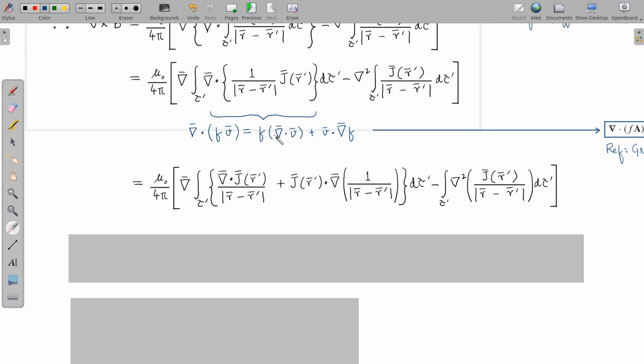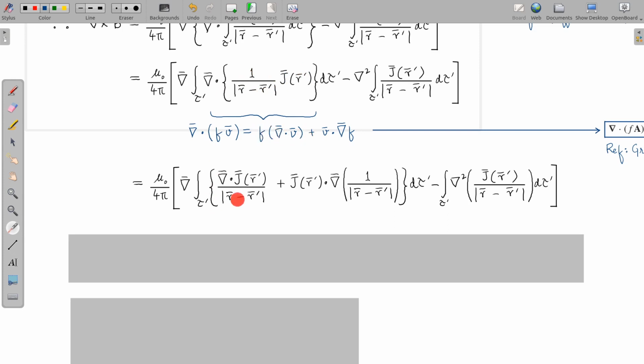So we have the divergence of, what is f? f is 1 by modulus r minus r prime, that is our f, and v is J. So what we have is f times the divergence of v.